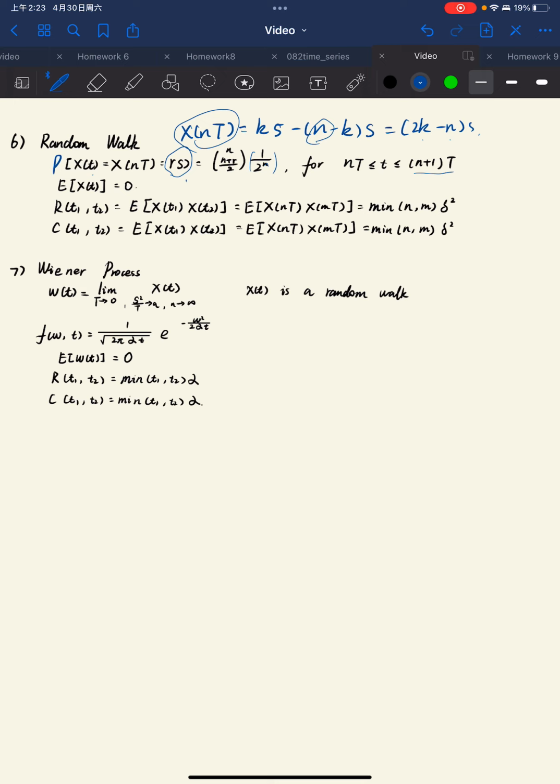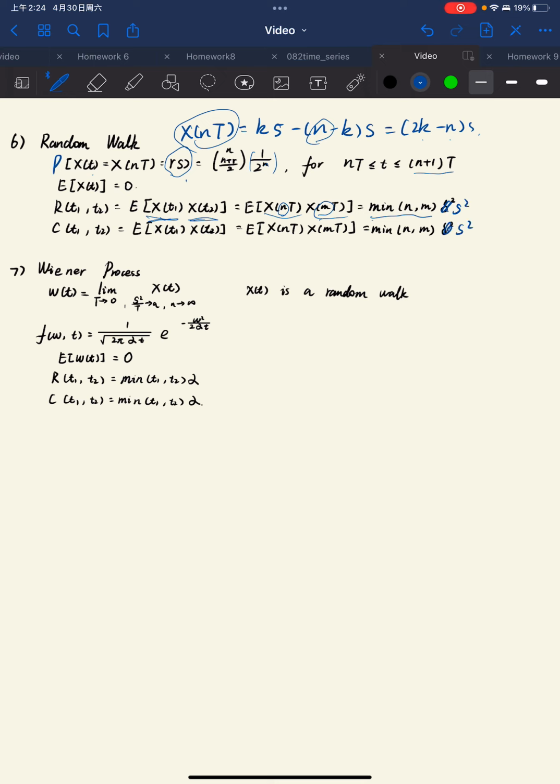And for the correlation, since they are independent, it becomes the multiplication of the two processes together, and we pick the minimum of n and m, the two toss counts, times s squared.